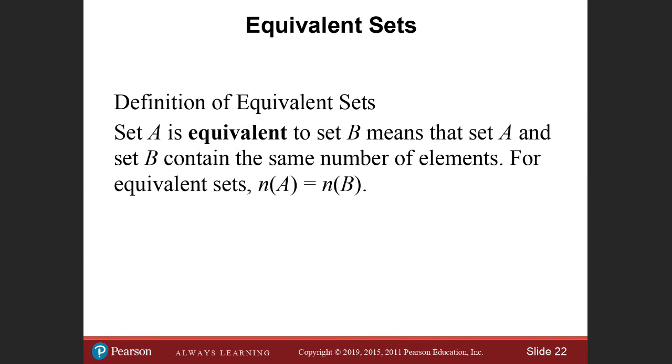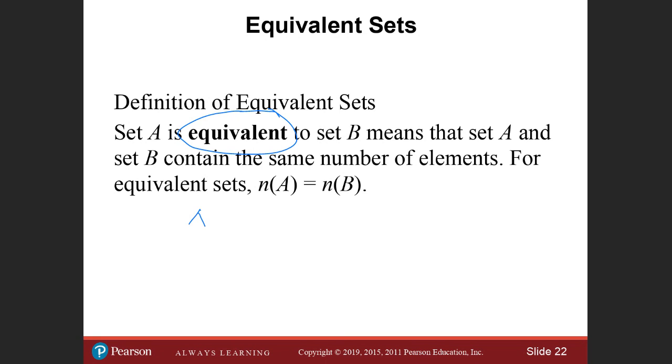Okay, next would be equivalent sets. Set A to set B means that set A contains the same number of elements as set B. So it doesn't matter what's the content of A and what's the content of B, as long as they have the same number of elements, then the two sets are equivalent.